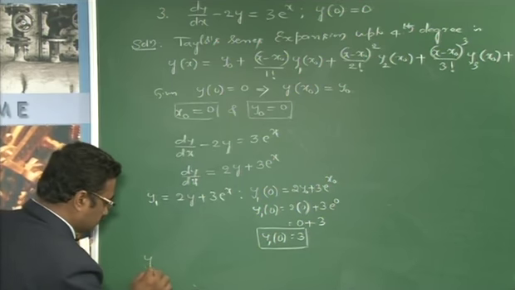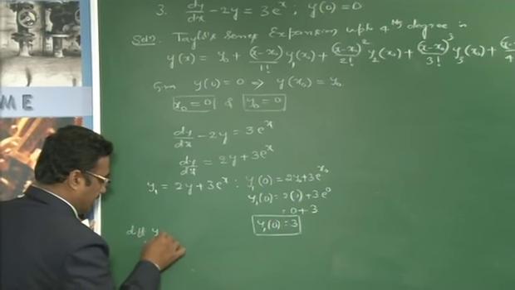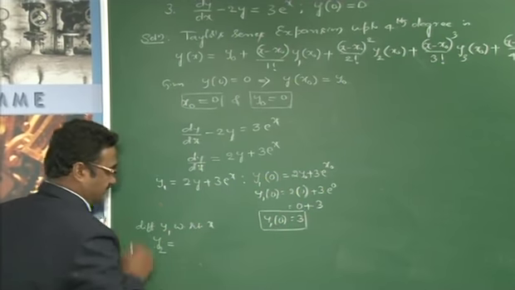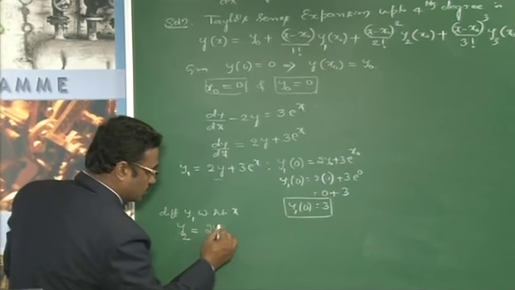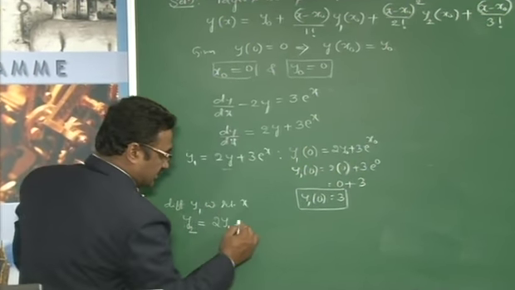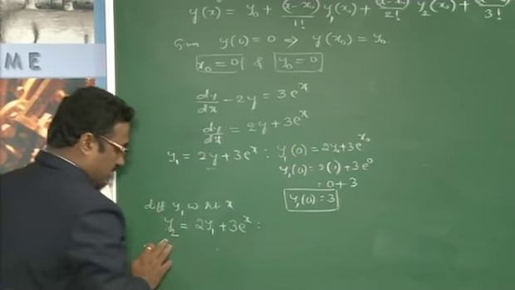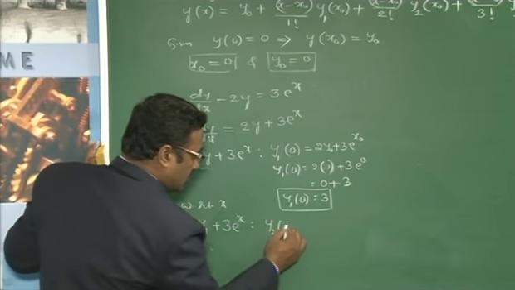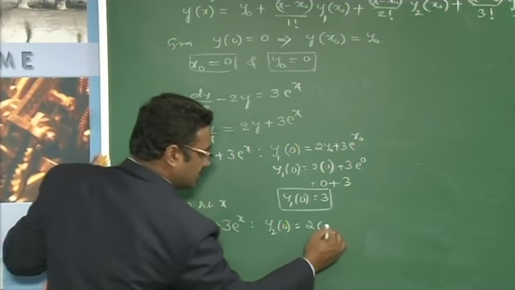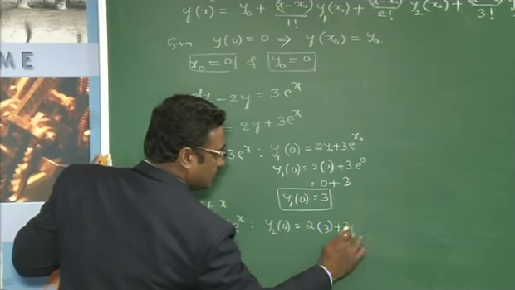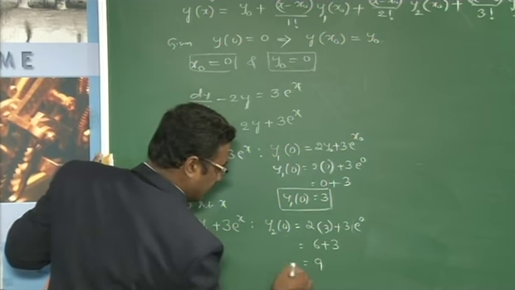Then y2, that means I have to differentiate y1 with respect to x. Then we get y2. The differentiation of 2y becomes 2y1. 3 is constant. Differentiation of the exponential function is again e power x. At the point, y2 of 0 should be equal to 2 into y1 value, which is 3, plus 3 into e power 0. 6 plus 3, this becomes 9.